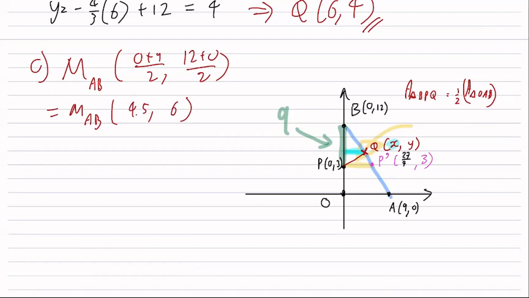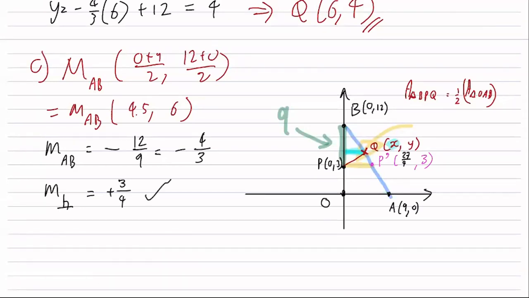So now that you have the midpoint, we are not done. We still need the gradient of AB, little m of AB, which will be 12 over 9 but negative, which is negative 4 over 3. Therefore, the gradient of the perpendicular must be positive 3 over 4.